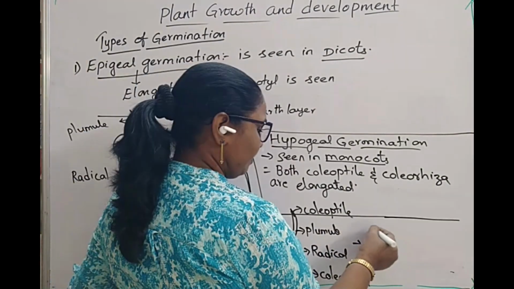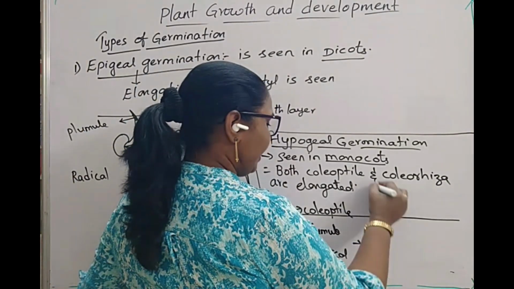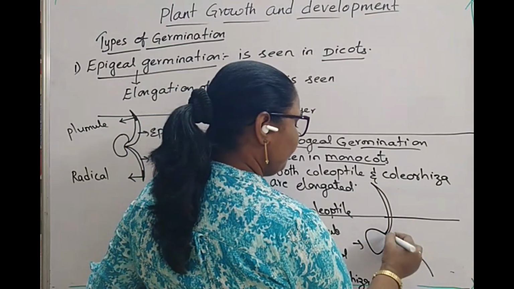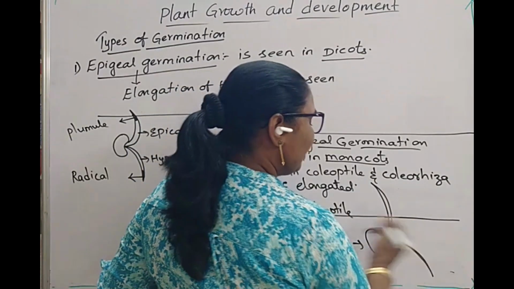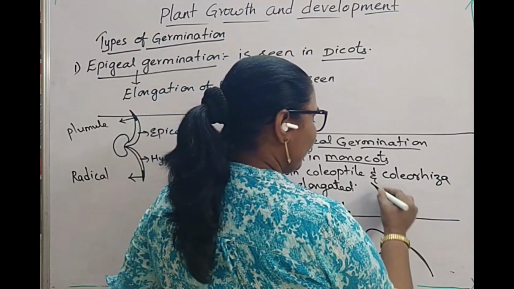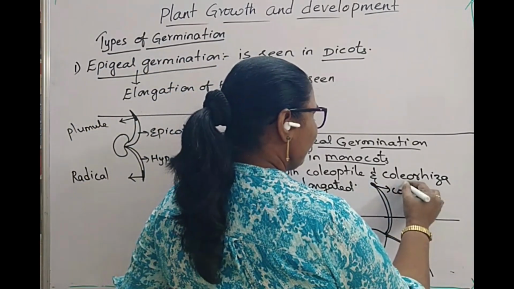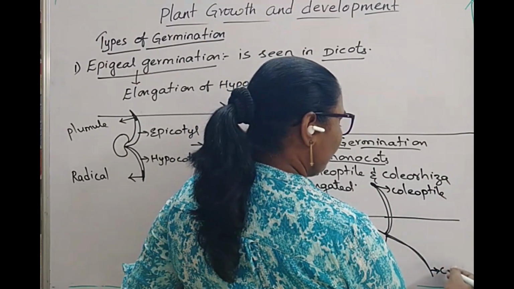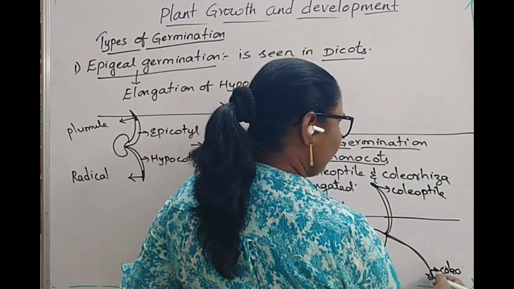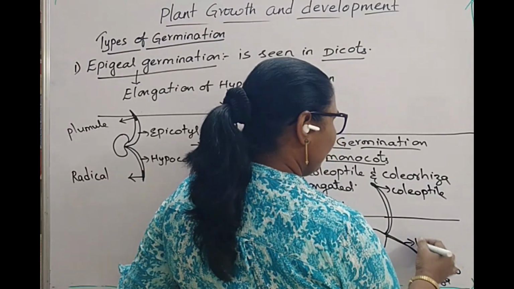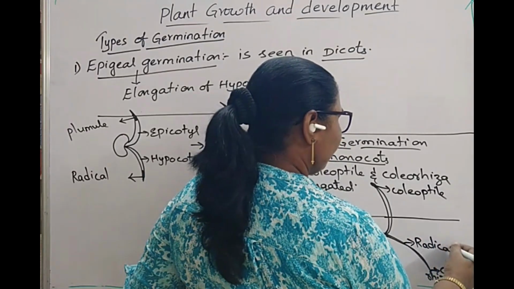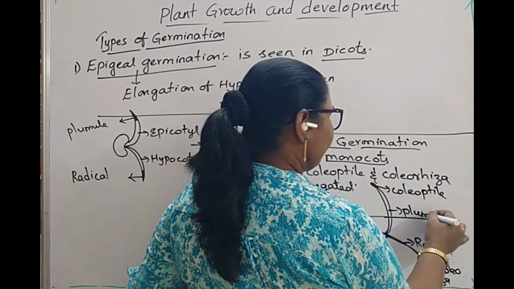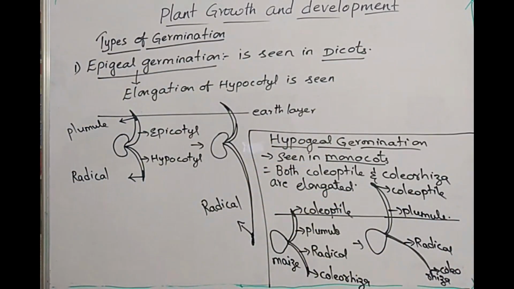The next stage, the seed will be like this, both coleoptile and coleorhiza will be elongated. So this will be coleoptile and this will be coleorhiza. Here it will be radicle and this will be plumule. So these are two types of germination: epigeal and hypogeal.